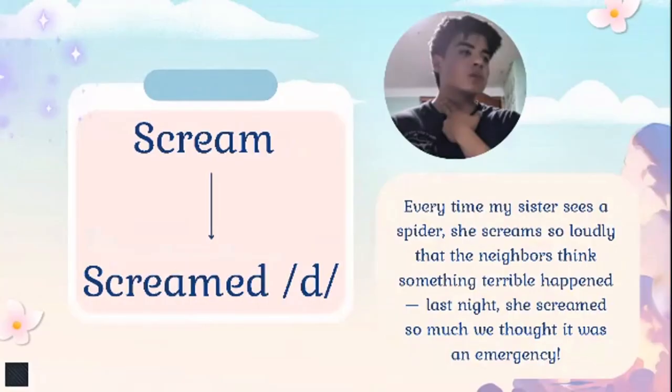So, screamed ends in a d sound. Notice how in these sentences the pronunciation changed. Every time my sister sees a spider, she screams so loudly that the neighbors think something terrible happened. Last night, she screamed so much we thought it was an emergency.